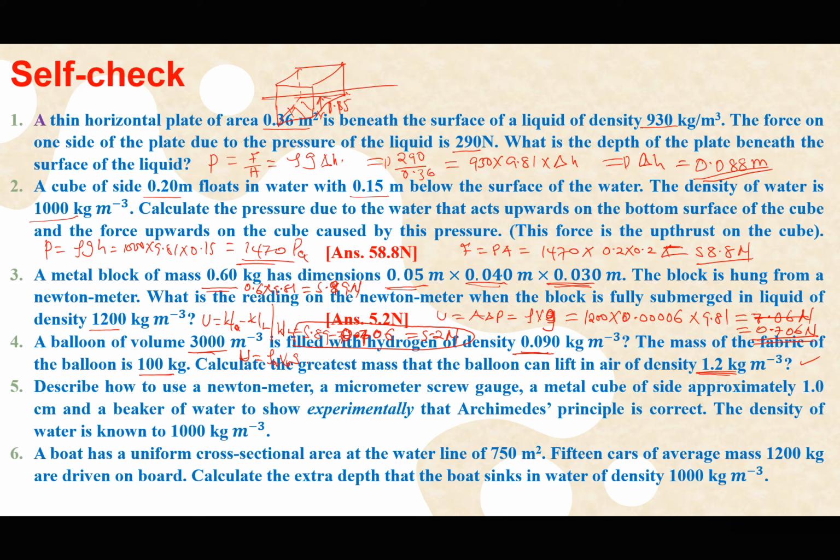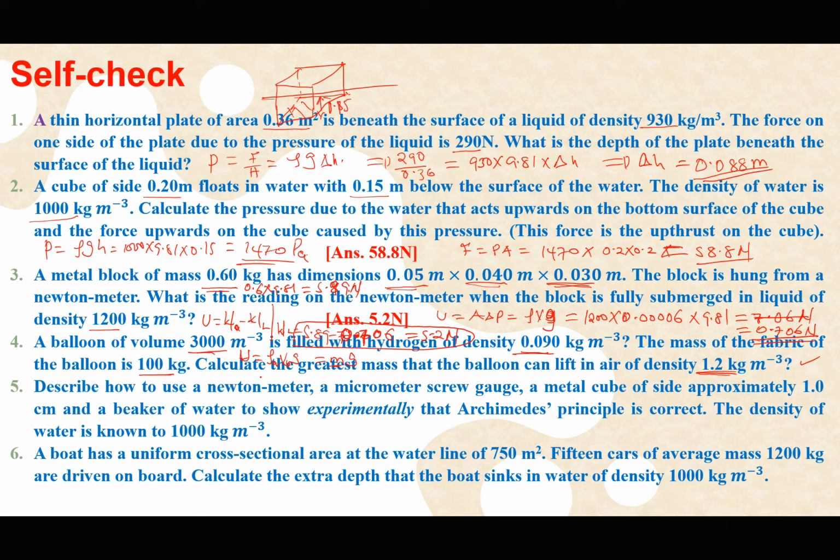And remember, a submerged object displaces its own weight. So this is going to be equal to m times g, where m is the greatest mass that the balloon can lift. So rho is the density of air, v is the volume of the balloon, so g will cancel. It is just the density of air times the volume of the balloon. I think it will give you about 3,600.